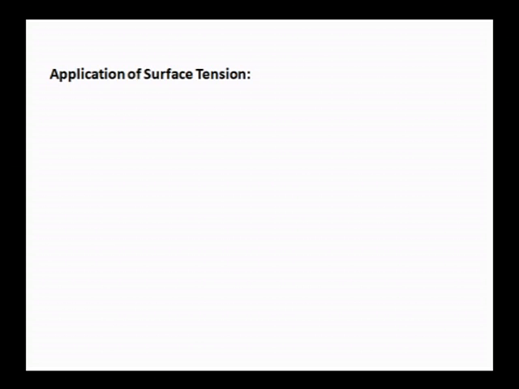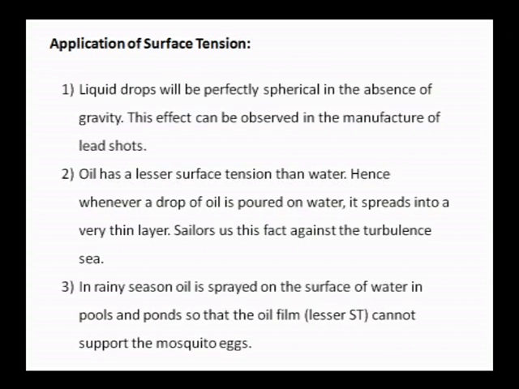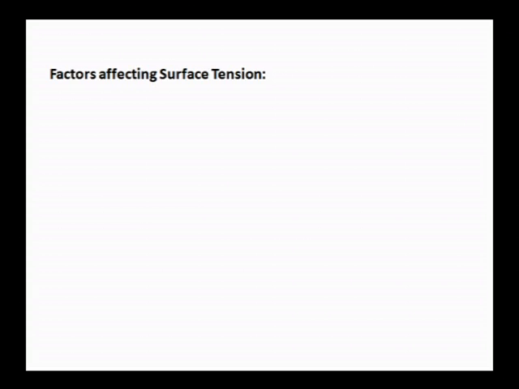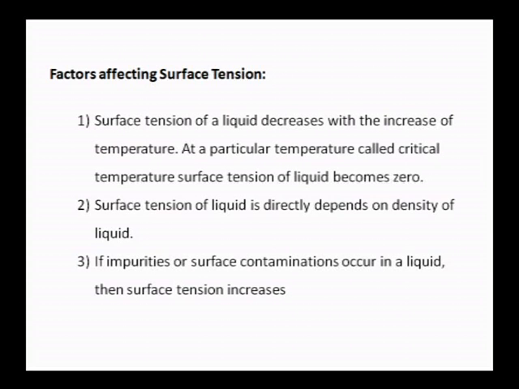And also when we use some other impurities like detergents, we can reduce the surface tension. So, the surface tension reduces with certain addition of impurities. Also, the surface tension depends on some other impurities which will increase the surface tension of the liquid.